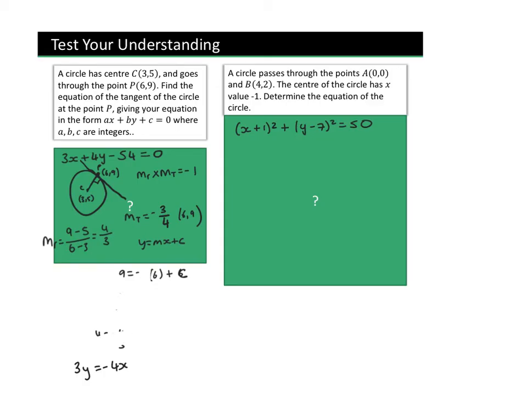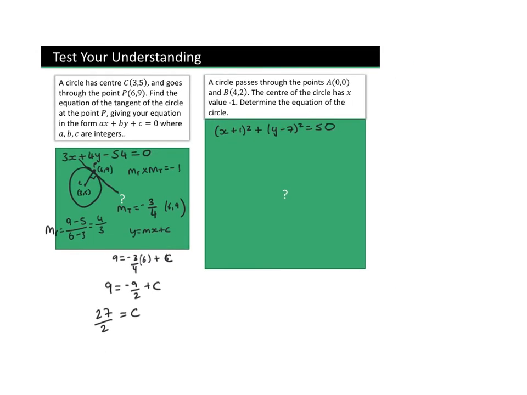So let's just cancel all this out. So -3/4. So we can get 9 = -18/4, which is -9/2, plus c. 18 over 2, I get 27/2 = c.